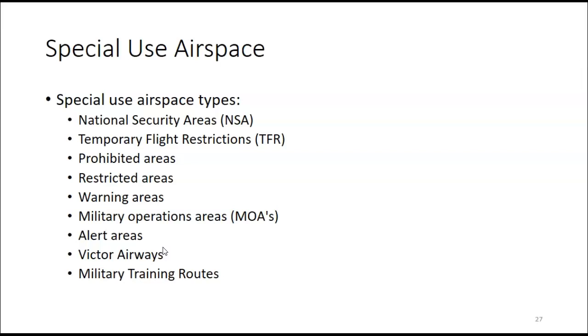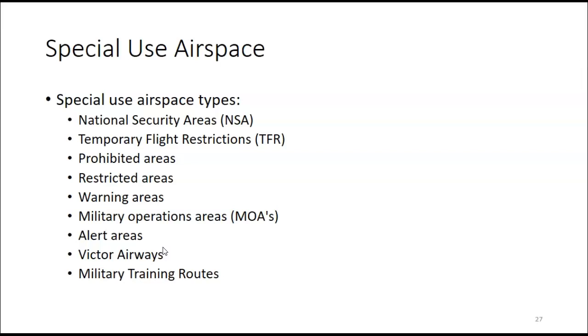They include national security areas, temporary flight restrictions, prohibited areas, restricted areas, and warning areas, MOAs or military operating areas, alert areas, Victor airways, and military training routes. Each one of these is depicted on the sectional chart as we discussed before, except for the temporary flight restrictions and also controlled firing areas. There are different rules that apply to each one of these.